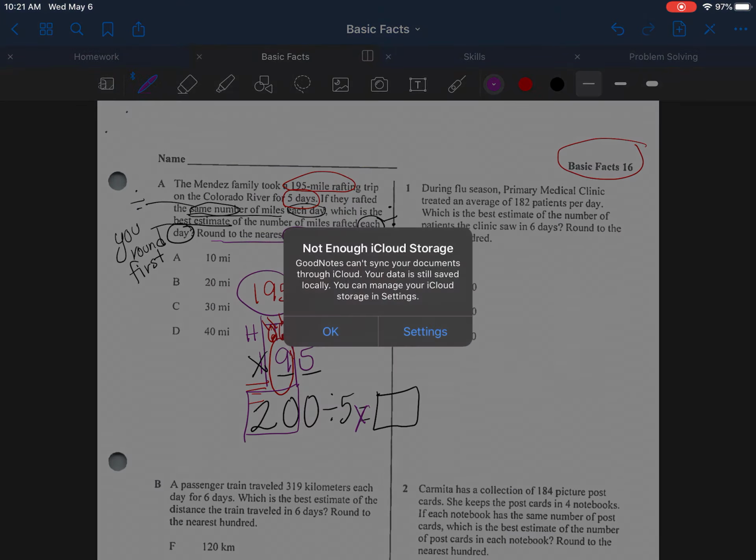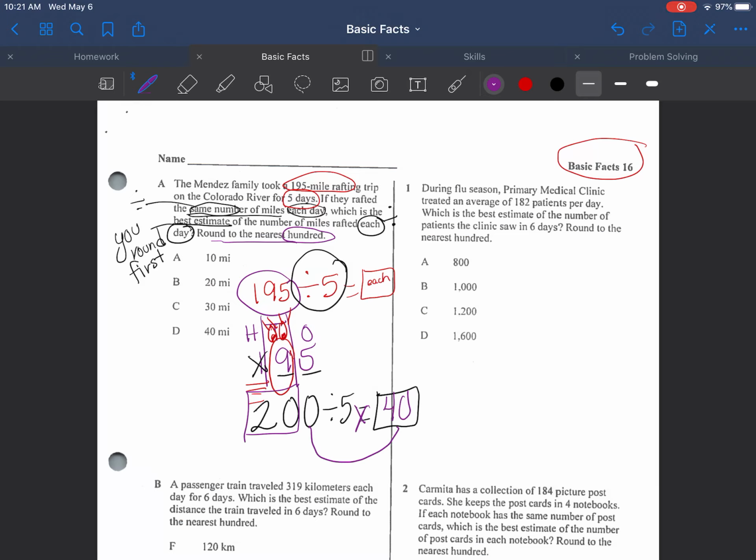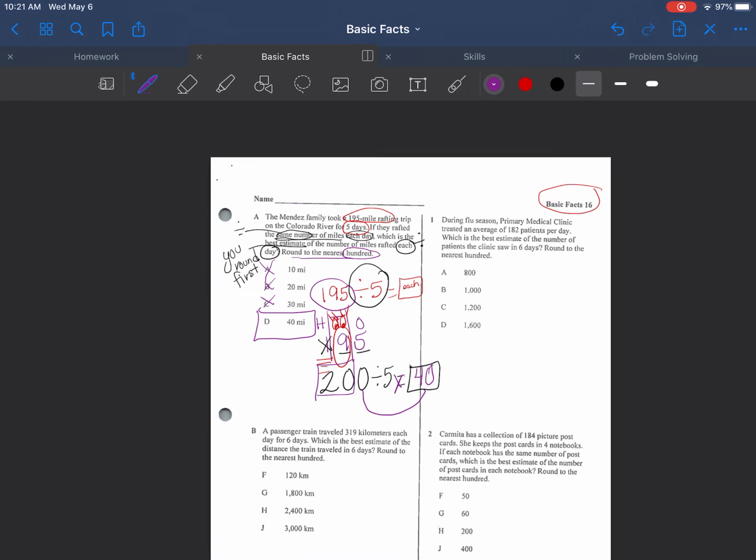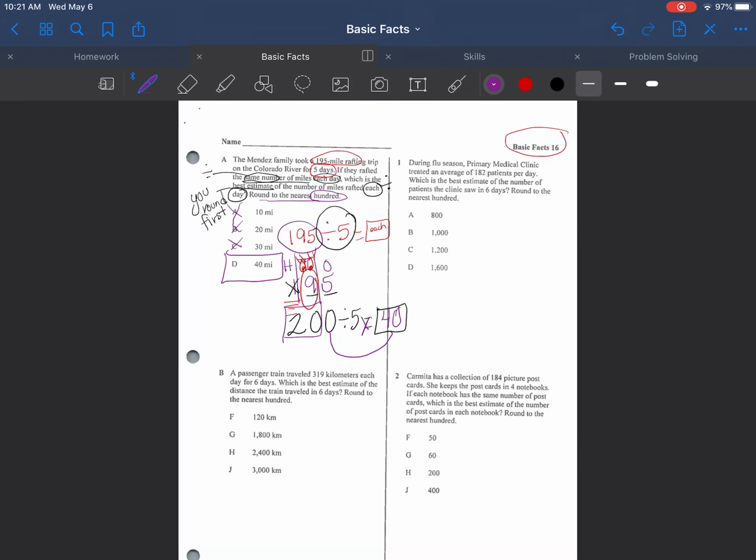We were dividing by 5. So I asked myself, 5 times what gives me 20? That would be 5 times 4. And then the 0 cannot cancel out because he did not get married. So my answer will be 40.